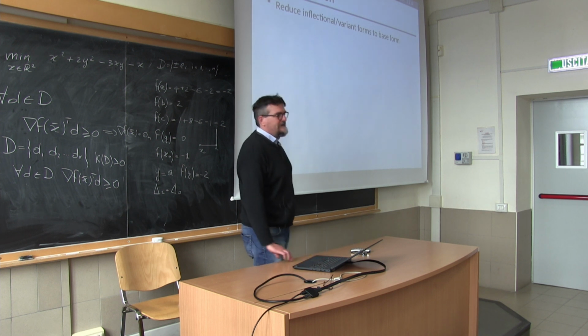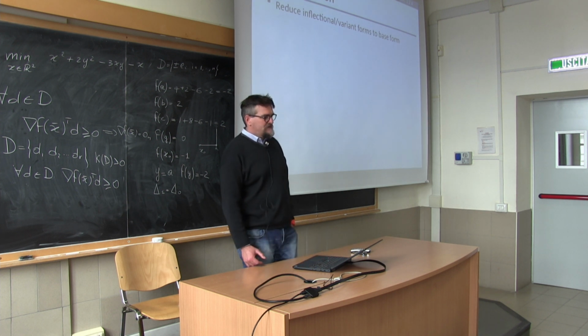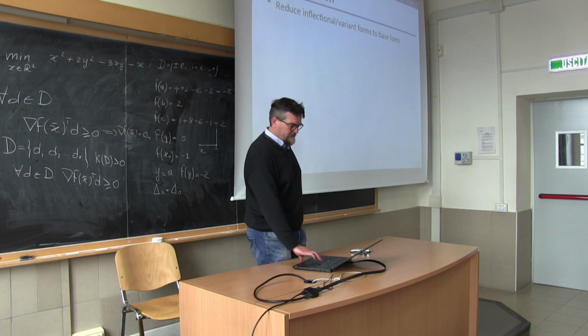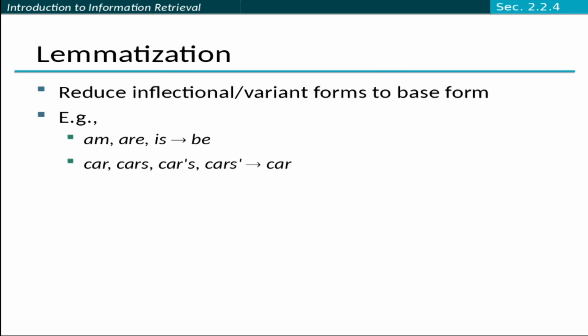Lemmatization. The idea behind lemmatization is that you want to reduce the variance with respect to a base form of a given term. As an example, if you have am, are, is, lemmatization can map all those terms into be, like car, cars, or whatever you see here is mapped into car.